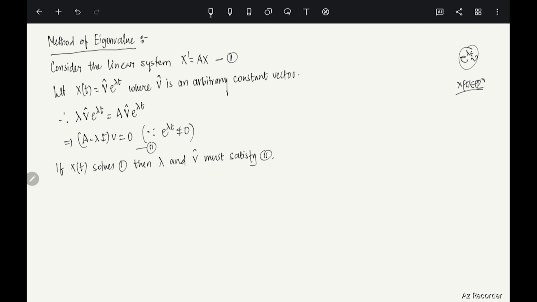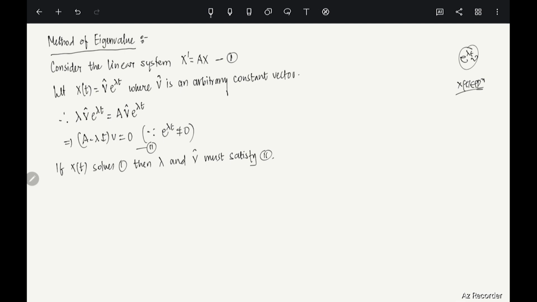The thing here is we are always assuming v to be non-zero, because if v is 0, of course there is the zero solution, which is not interesting. So basically we are looking for an eigenvalue problem. If we can solve the eigenvalue problem, we get a lambda and a v, and you just put it there, and then you have your solution. That's the idea essentially.